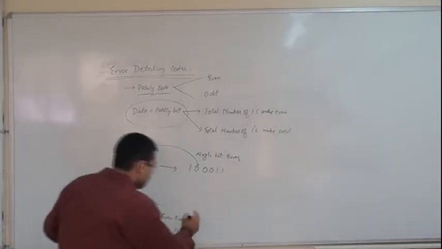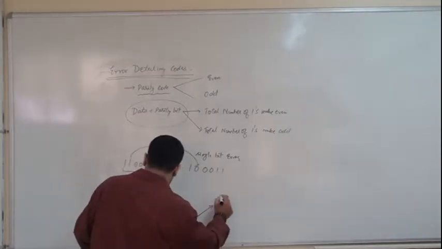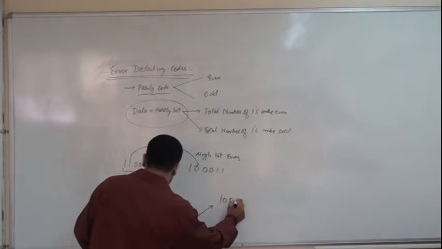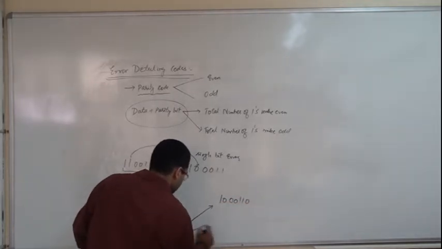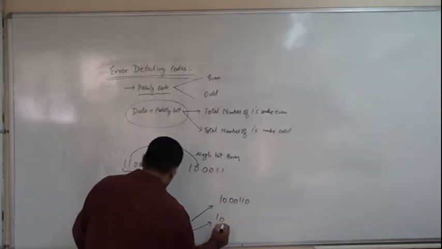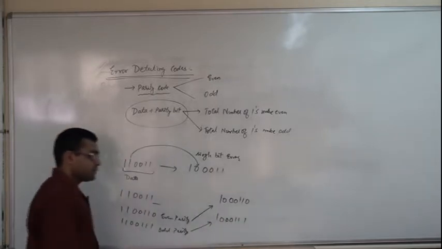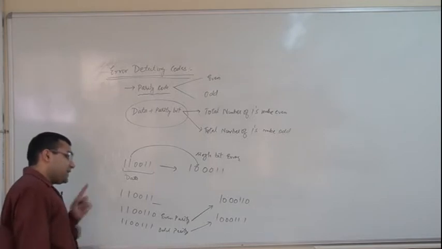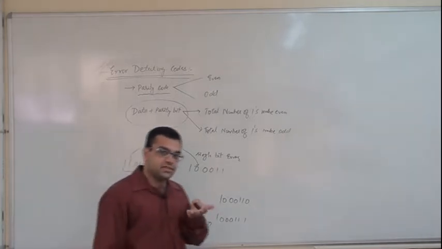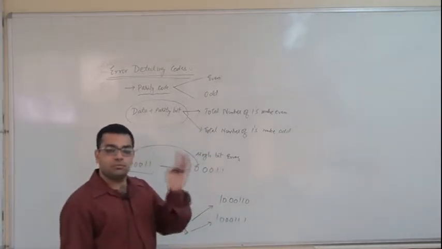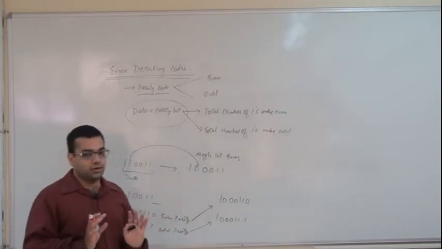So the data that was received is this. Now the parity that we are using is known to both the sender and the receiver. Either both must be using even or both must be using odd.